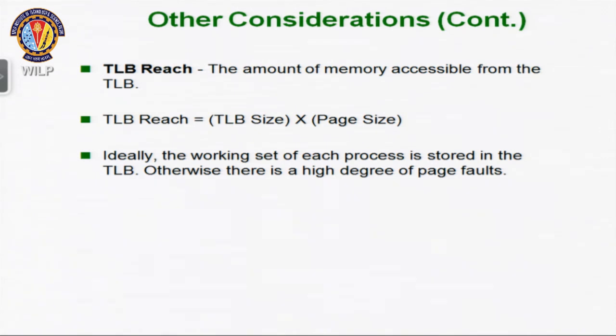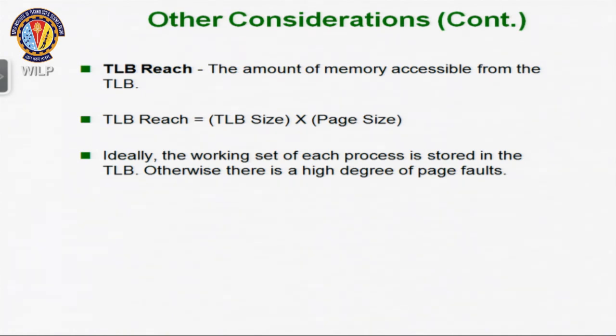There is another consideration in terms of the TLB reach. We have seen that the TLB is known as the translation look-aside buffer, and the size of a TLB specifies how many of the most recently translated addresses it keeps. TLB reach is defined as the TLB size multiplied by the page size.